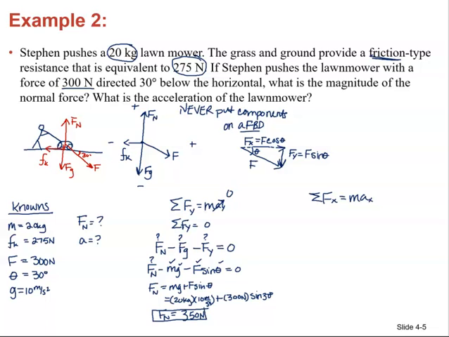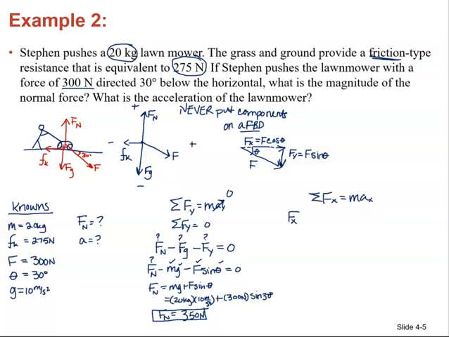So next, we're going to do our horizontal net force equation. This one, we are looking for our horizontal acceleration. So we're going to go straight into writing down our horizontal forces. So in the positive direction, we have a component of the pushing force, the x component, and that's pointed in the positive direction.